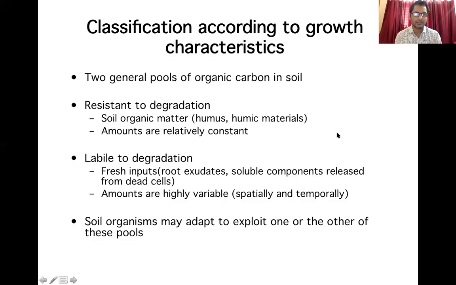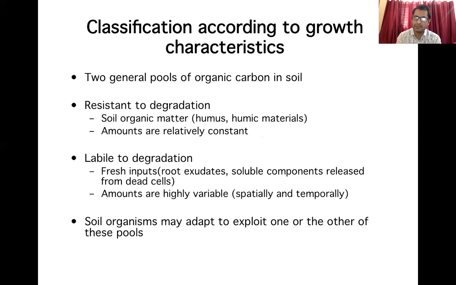So here there is a classification according to growth characteristics: two general pools of organic carbon. One is resistant to degradation and another is liable to degradation. The organic carbon used by the decomposers can be divided in two types: one which is resistant to degradation, not easily degradable, and another which is liable to degradation, which can be easily degraded.